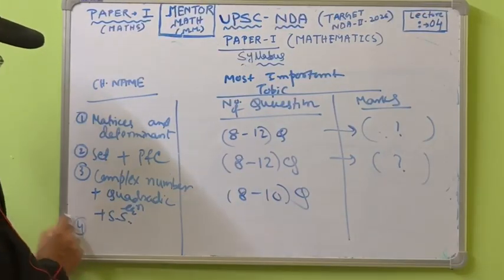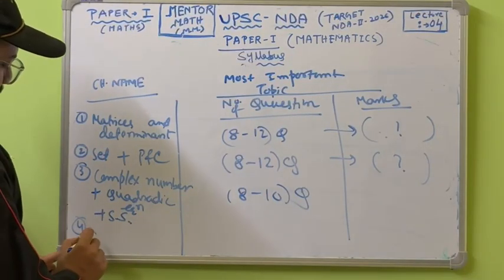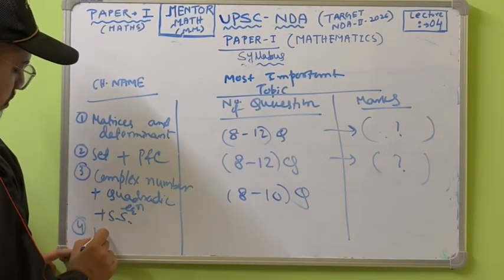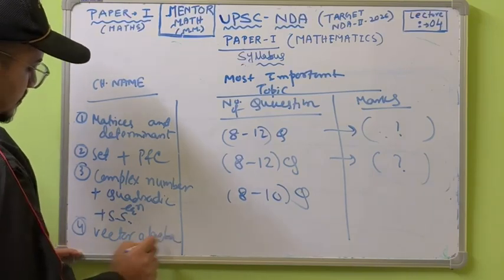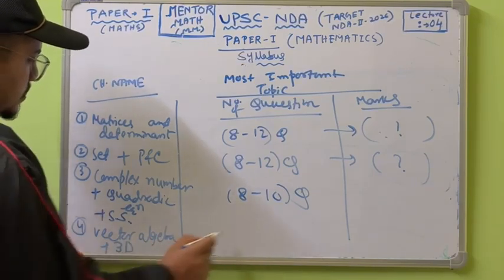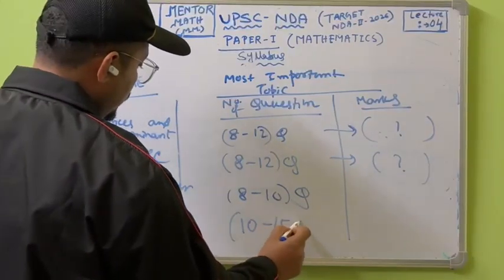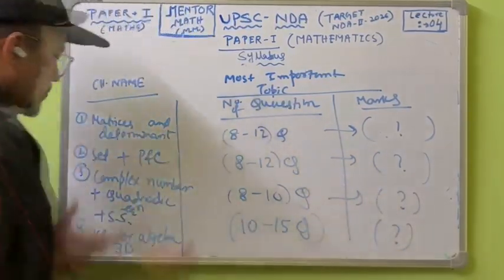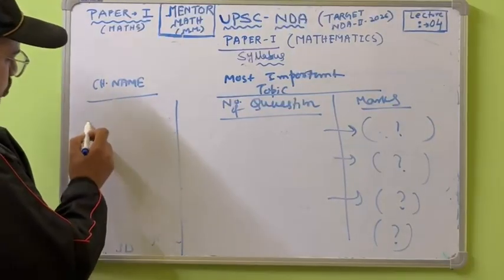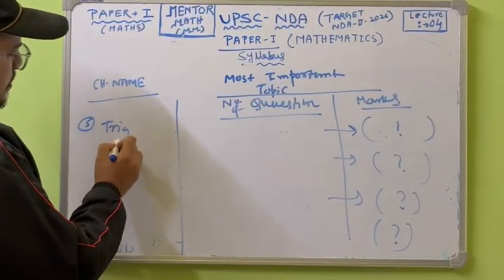And number 4, from vector algebra plus 3D geometry, you can see 10 to 15 questions come. Okay, you can note. Next comes trigonometry.